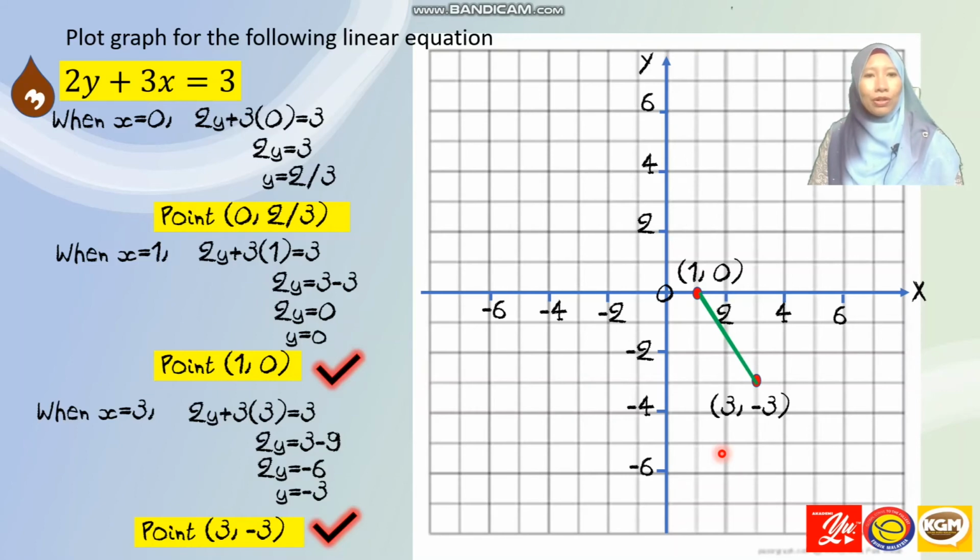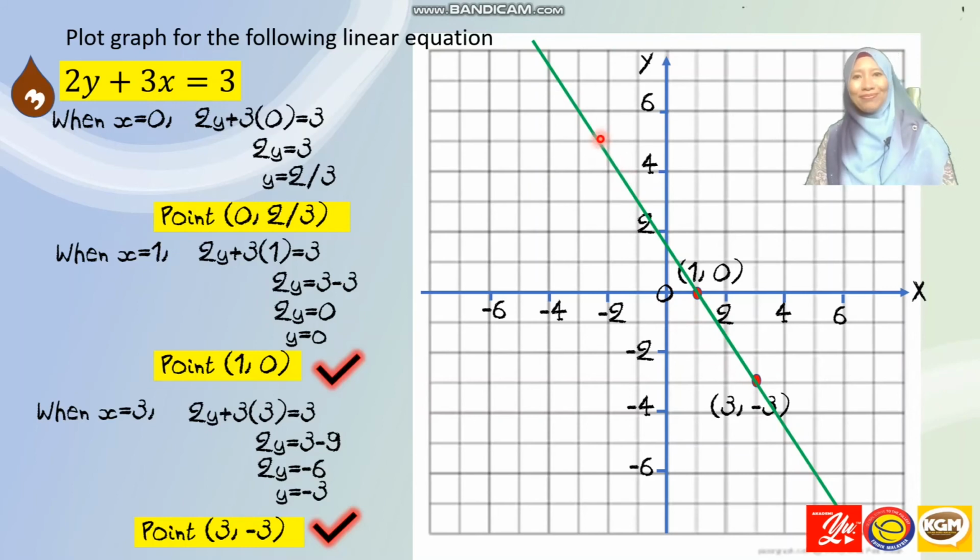And if we prolong the line, you can see that this first coordinate 0, 2 over 3 will be here. 2 over 3 is here. Whichever values you substitute for x, all values that you may choose will always fit or satisfy this equation and will lie on the line.